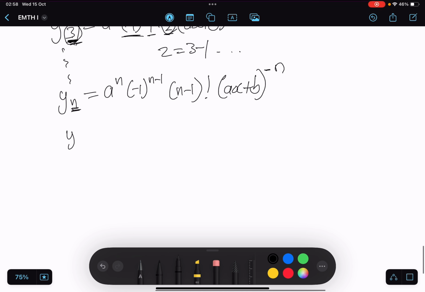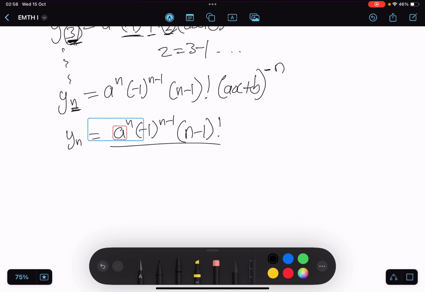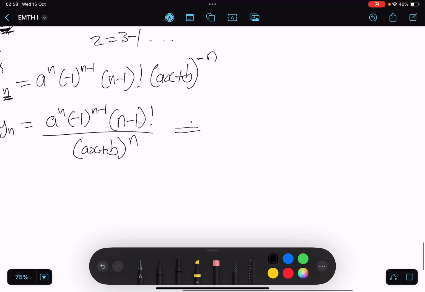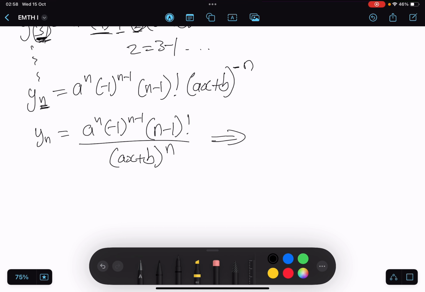So this will simplify to a^n times (-1)^(n−1) times (n − 1) factorial, all over (ax + b) to the power n. So this is the general formula that you can use to find the nth derivative of y = ln(ax + b). This is for logarithmic functions.